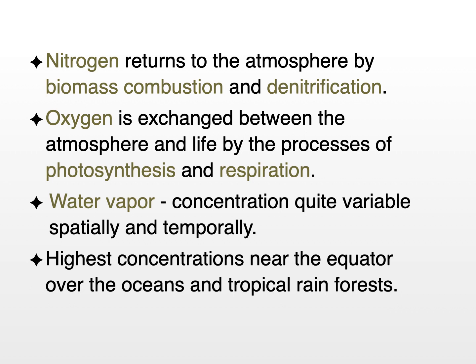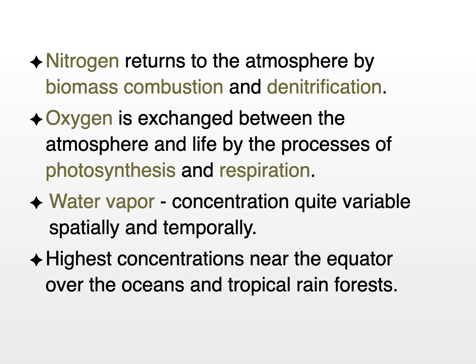Nitrogen moves from the surface of the Earth, from the biosphere to the atmosphere by two methods, biomass combustion and denitrification. Denitrification is caused by bacteria in moist environments that break down solid forms of nitrogen to get energy, releasing nitrogen gas into the atmosphere.